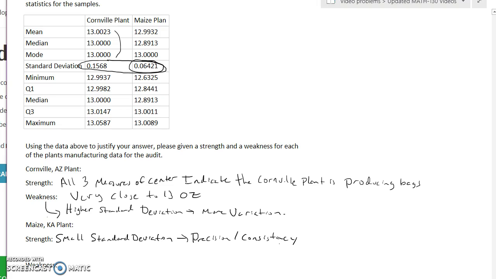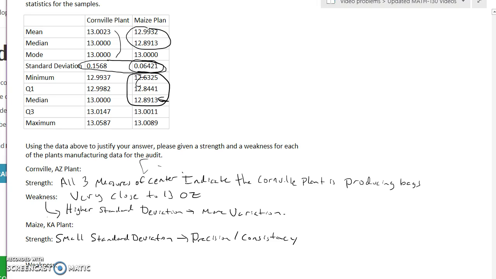Now let's think about a weakness. A lot of people identified up here that when you take a look, the mean is under, right? And more importantly, when you dig into these values right here, you can see that at the median, we're still under 13 ounces, right?